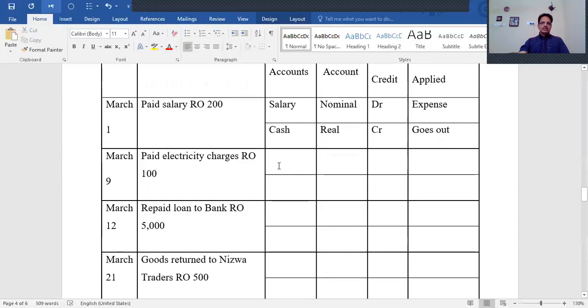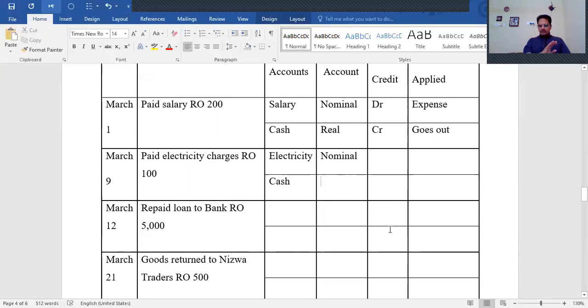So here is electricity also, two accounts, electricity and cash. Now, electricity, you know already, it is an expense. Expense is a nominal account. There is no doubt in that. Nominal account is very easy.